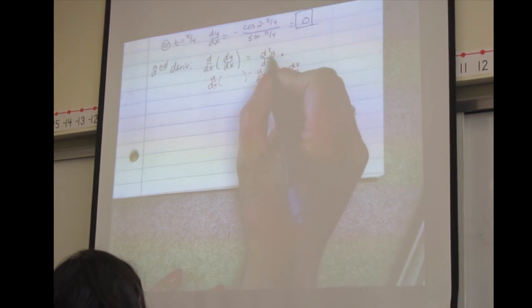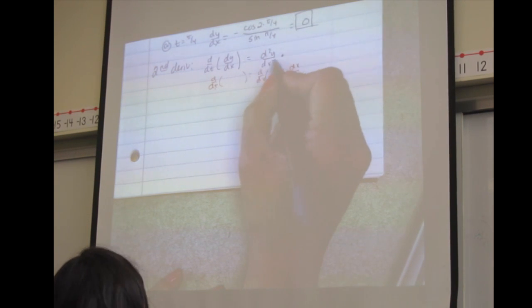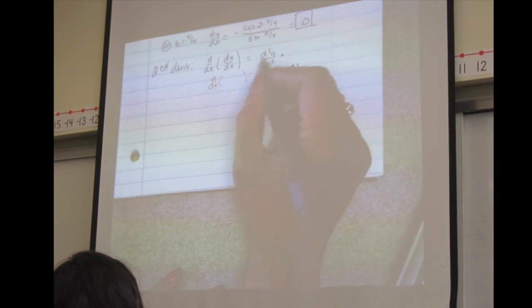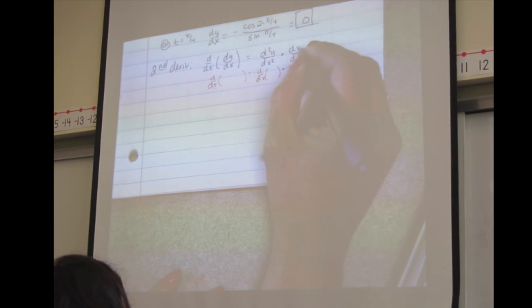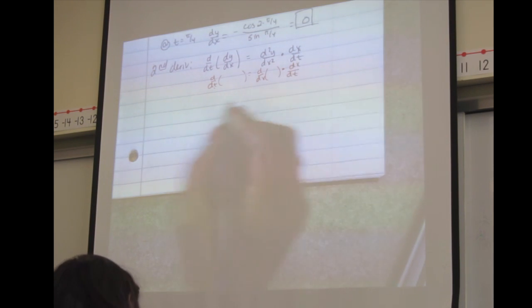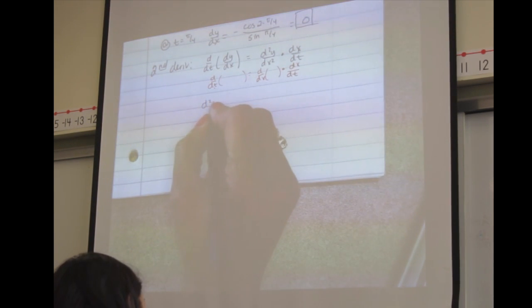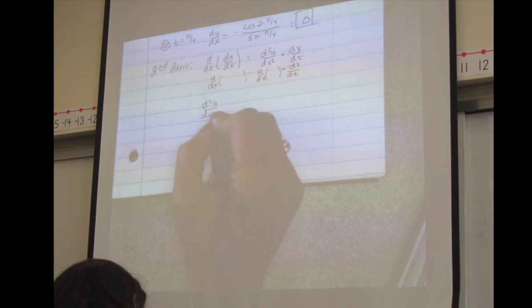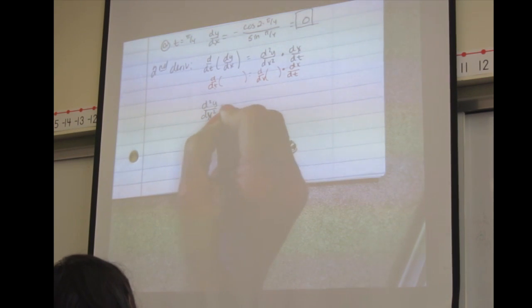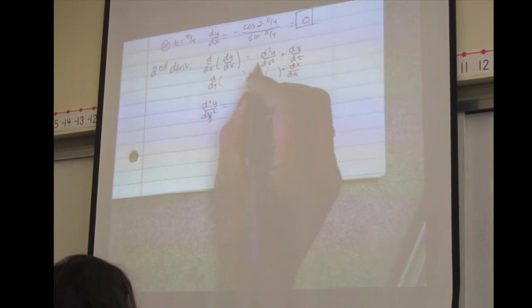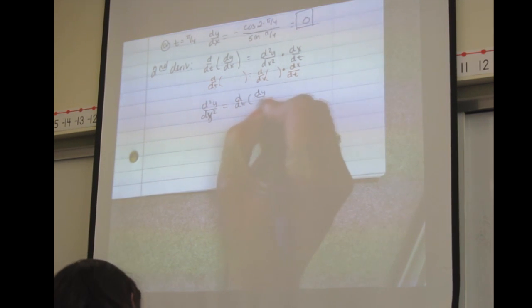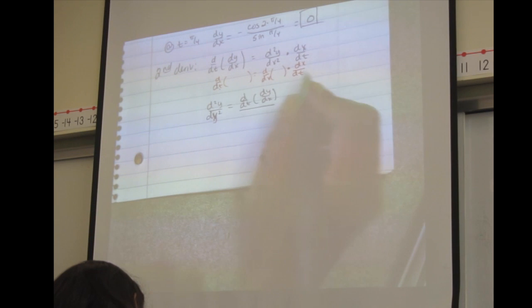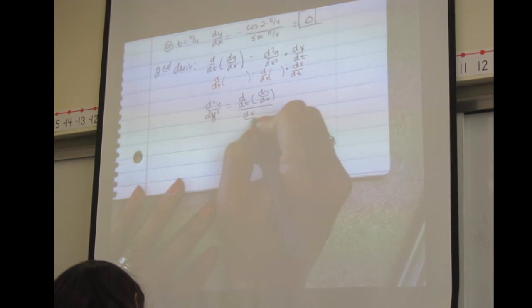And so here, this is the derivative with respect to x of dy dx, it's just the second derivative. So then this is how we get the second derivative. d squared y dx squared is equal to the derivative with respect to t of dy dx divided by dx dt.